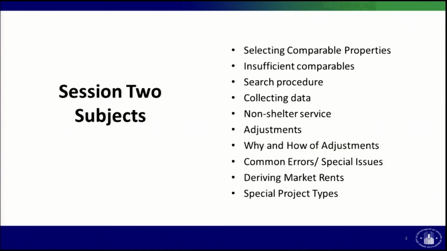We're going to cover a lot of material in this session today, including selecting comparables, insufficient comparables, the search procedure, collecting data, non-shelter service adjustments, the why and how of adjustments, common errors or special issues, deriving market rents, and special project types.